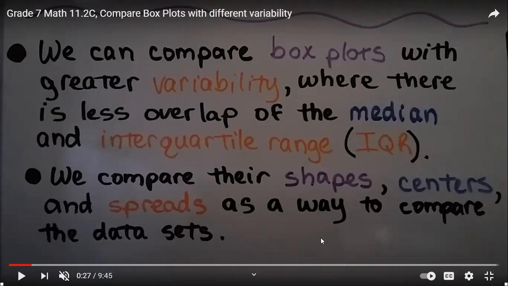Who is talking? Ganna. Thank you, Ganna. So please, before you answer, tell me your name, okay? So we compare their shapes, centers, and spreads. Then to start to compare, you look for these points: shapes, centers, and spreads.